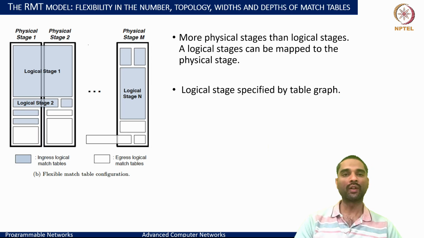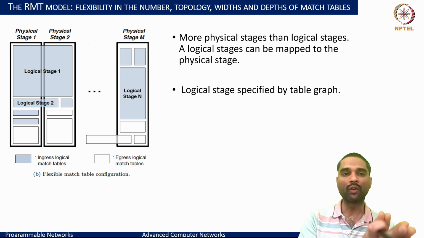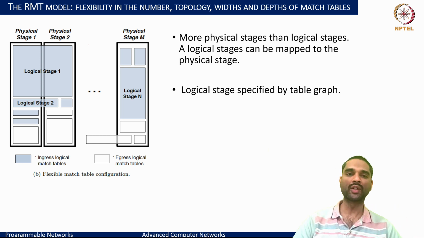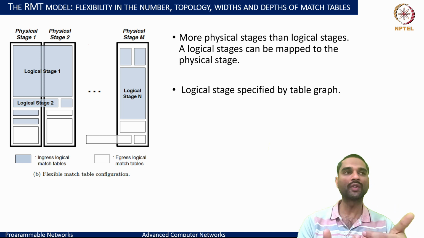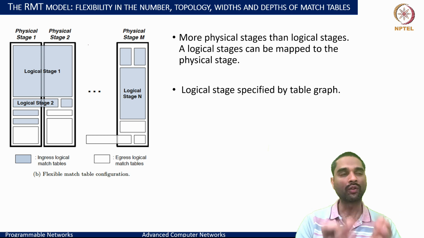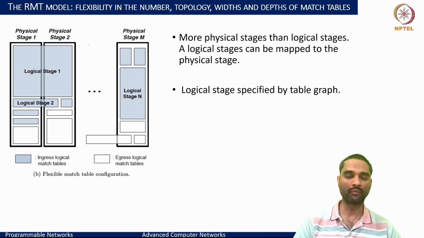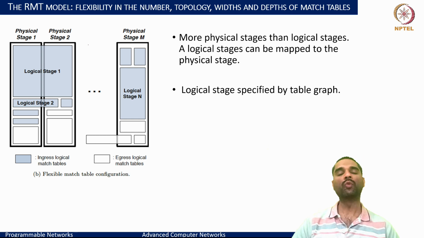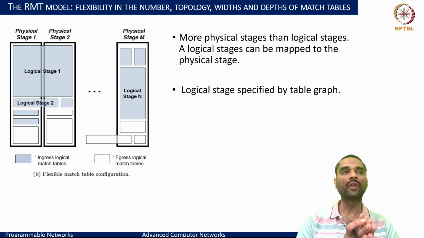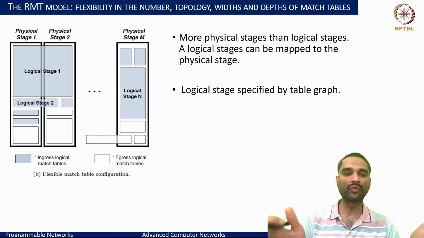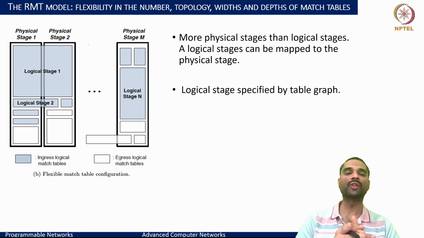So now let's look at what other aspects there are when we think of logical stage versus a physical stage. When we looked at the hardware ASICs, they may have a certain set of physical stages that are hardwired. But as a logical stage that we want to set up, we would want to define different widths on which we want to match, different sets of actions that we want to take.